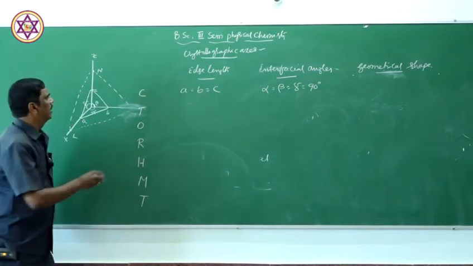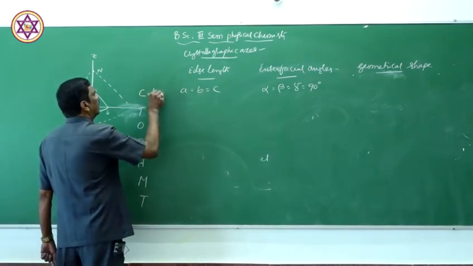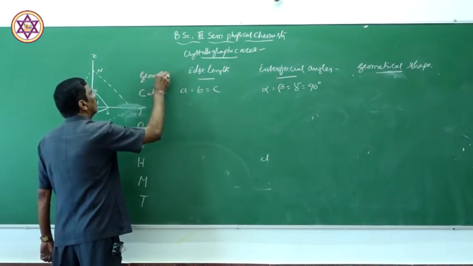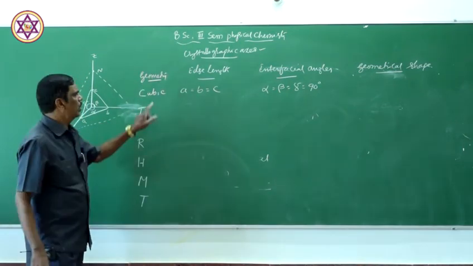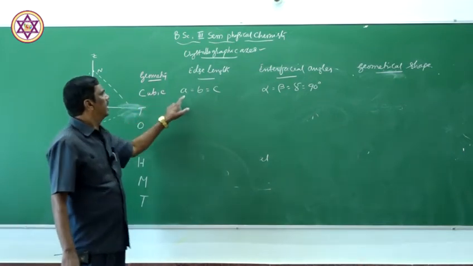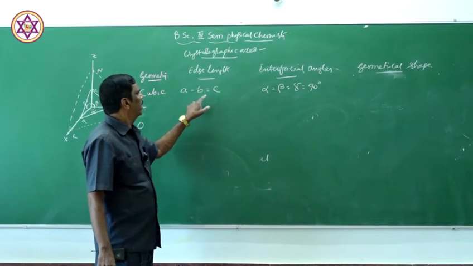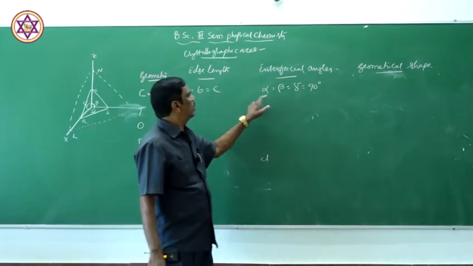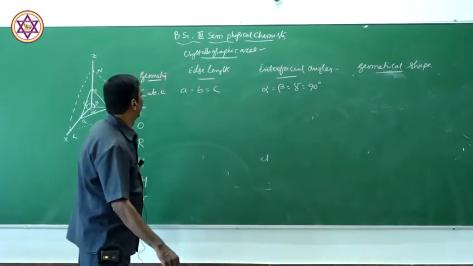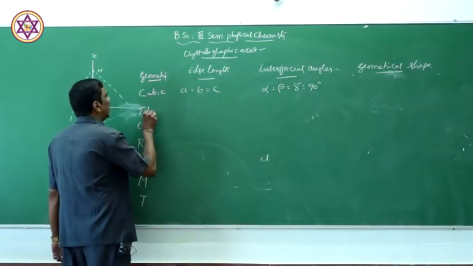So here C is cubic. In this cubic geometrical shape, edge length A is equal to B is equal to C and alpha is equal to beta is equal to gamma is equal to 90 degree. Similarly, this is tetragonal.